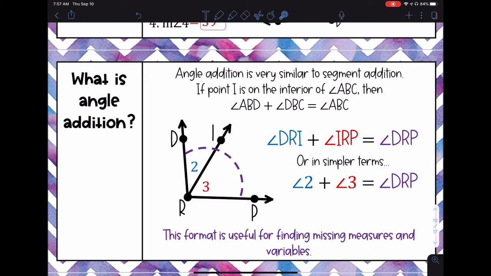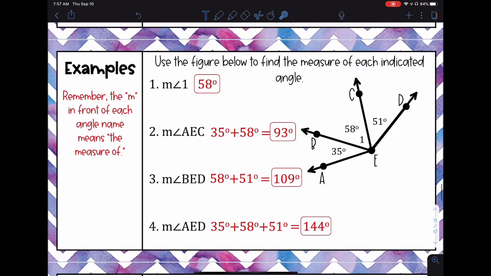So if I took angle DRI, which is angle 2, and I added angle 3 to it, which is considered to be IRP, if I took these two together and added them together, they would give me the total from DRP. Hopefully that makes sense. And we're going to do a couple examples of that.